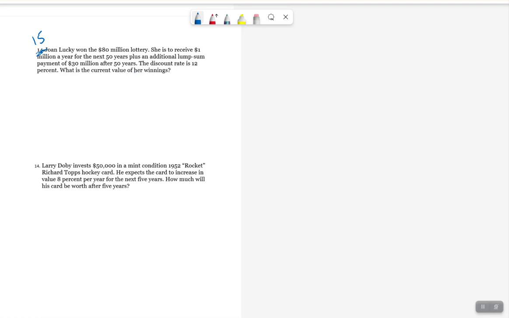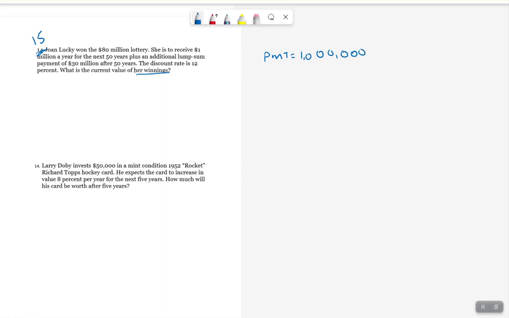In this case there are quite a few things you could do. You want to know how much it is all together, so when they're giving you a lump sum, you want to know the current value of her winning, the total value Joan Lucky won. She receives 1 million a year, so that's an annuity: my payments are going to be $1 million.